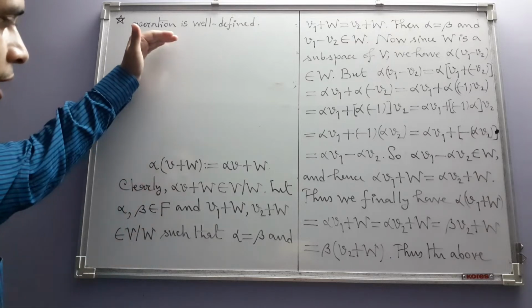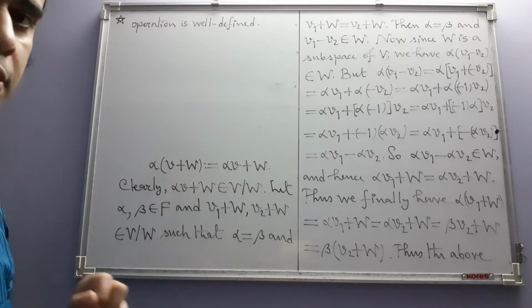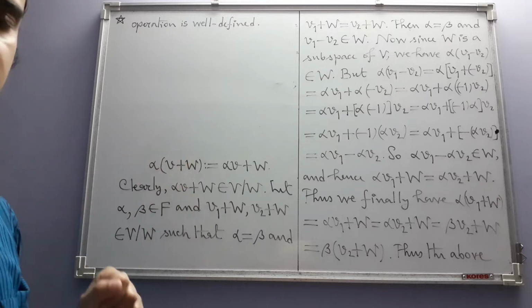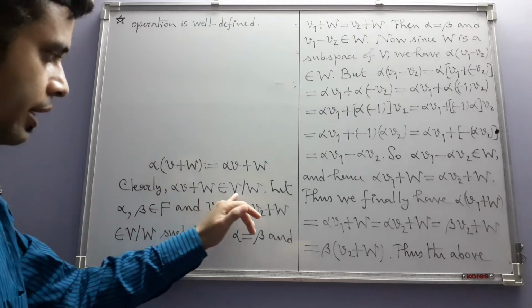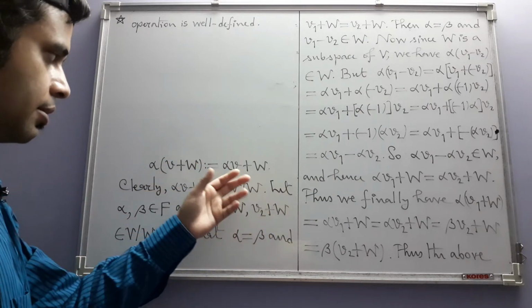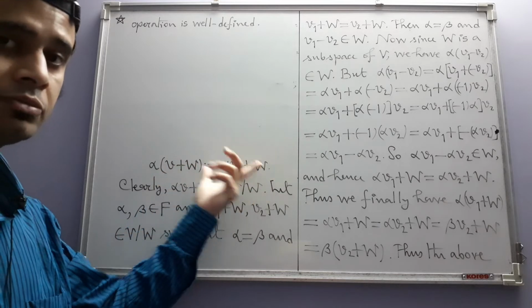Now we have to verify those four vector space axioms in V by W with respect to the addition we have here and the multiplication by scalar we have defined.